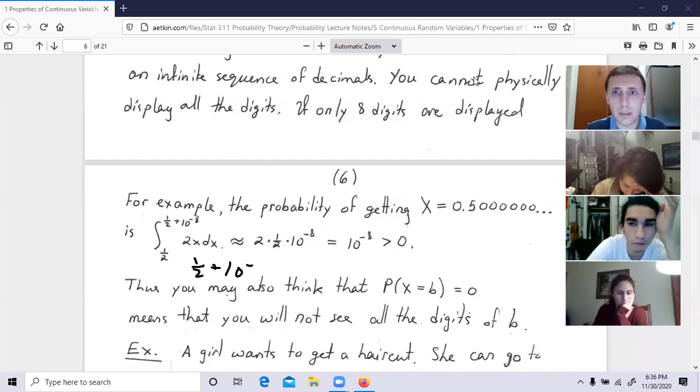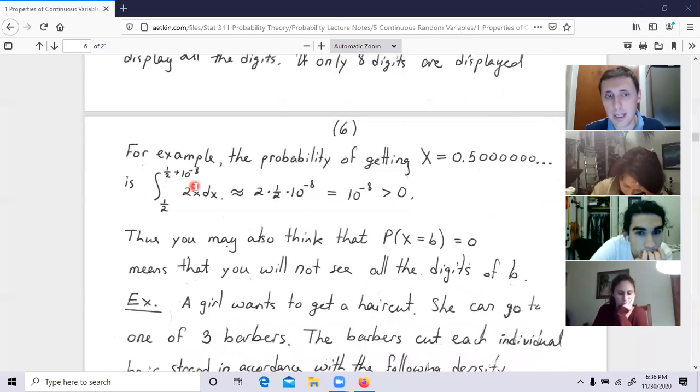I approximated it, right? Because the integration is very thin, I can say the result is approximately the same as taking the elevation, calculating it at 1/2, and multiplying by the width. So it's like calculating one rectangle at 1/2, which is 2 times 1/2, and multiplying it by the width.